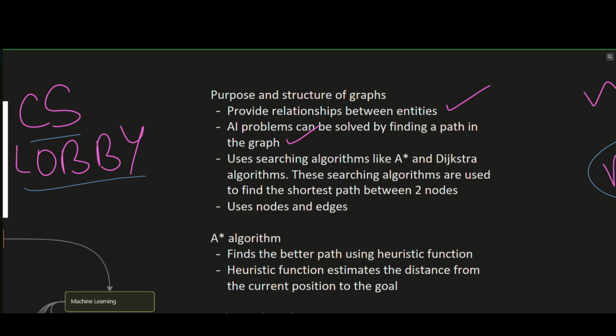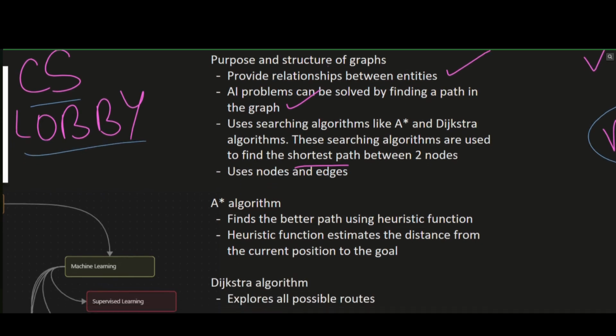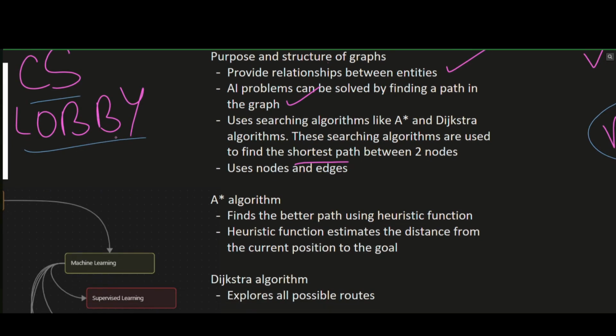Then we have searching algorithms, A star and Dijkstra. These searching algorithms are used to find the shortest path between two nodes. The shortest path, and we know it uses nodes and edges, right? So under the purpose and structure of graphs, we have A star and Dijkstra algorithm.